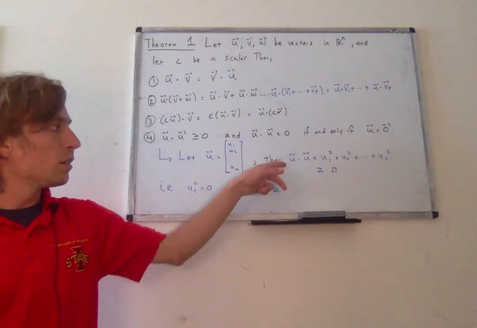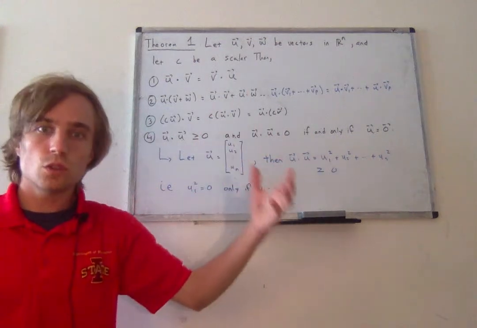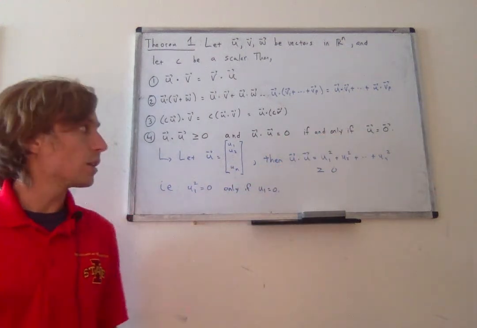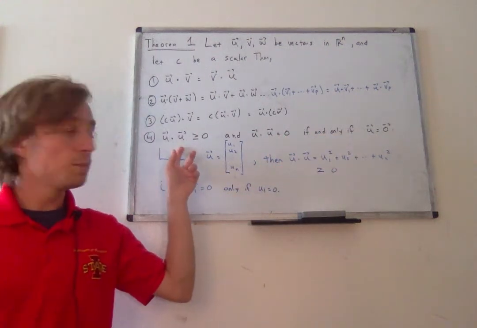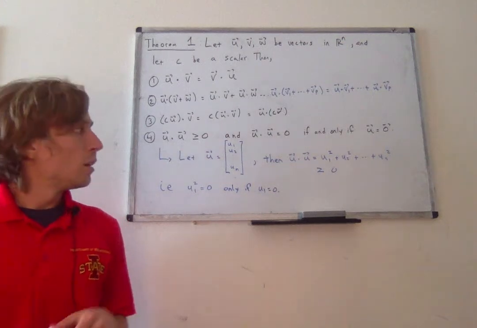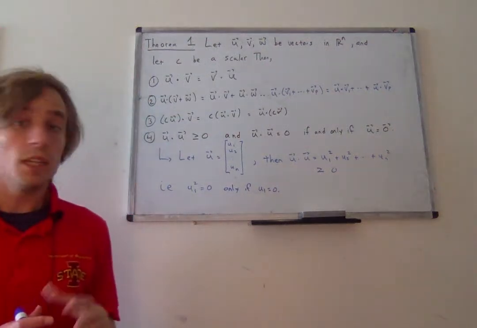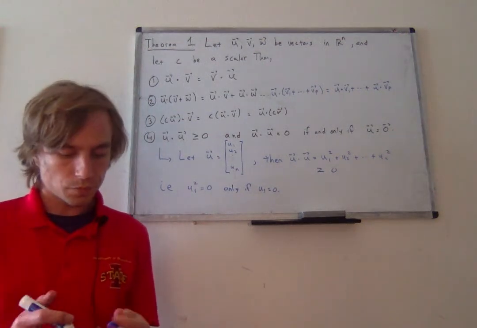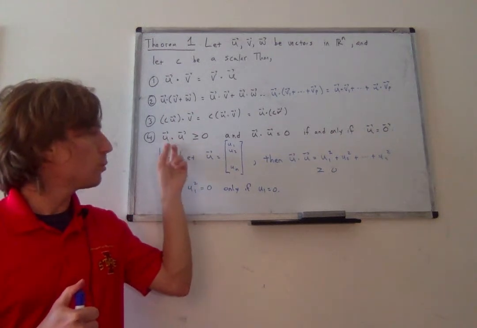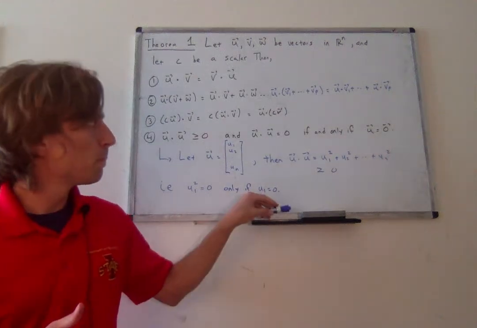So as you can see, because u dot u is just the sum of the entries of u squared, u dot u is equal to 0 if and only if u is equal to 0, but even more generally, u dot u is always greater than or equal to 0. So keep this fact in mind. We will call on this fact in a very brief moment, because we're going to talk a little more about this specific operation.